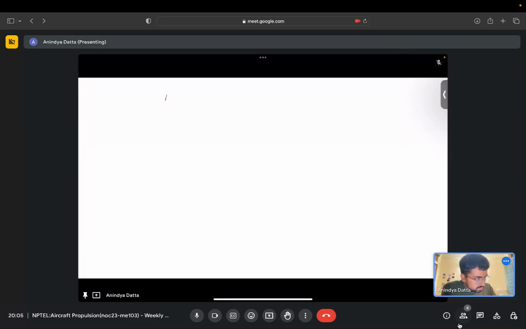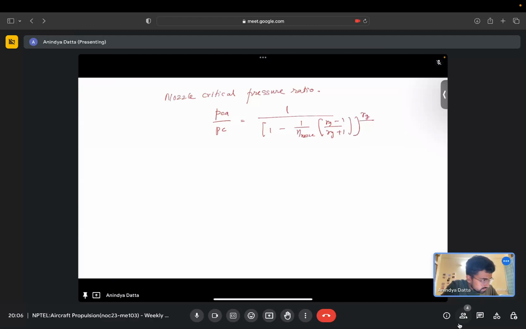Then we have to find the nozzle critical pressure ratio, that is P04 by PC. Use this expression: 1 divided by 1 minus 1 by eta nozzle times gamma g minus 1 by gamma g plus 1, all to the power gamma g by gamma g minus 1.